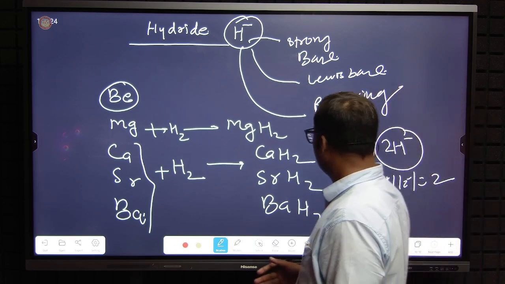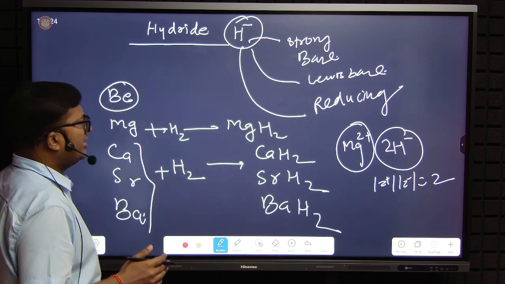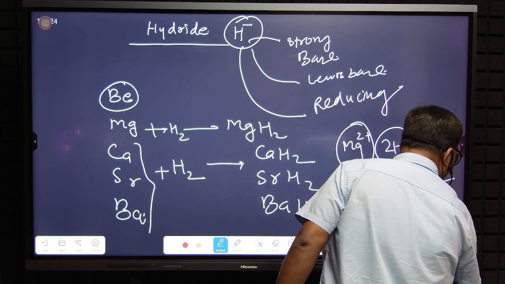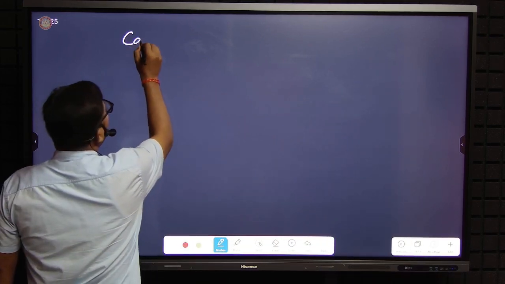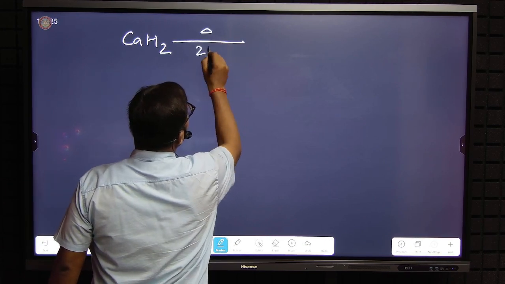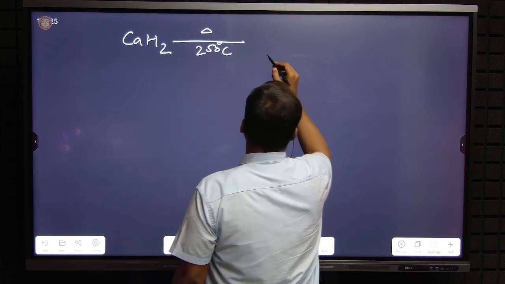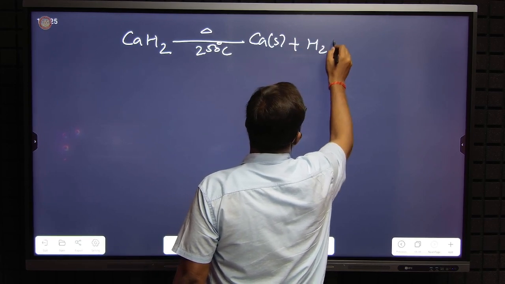But what happens upon heating these hydrides? Suppose we have calcium hydride, CaH2, and once it is heated to 250 degrees centigrade, it releases solid calcium plus hydrogen gas.